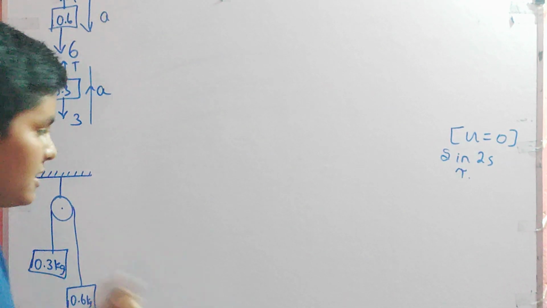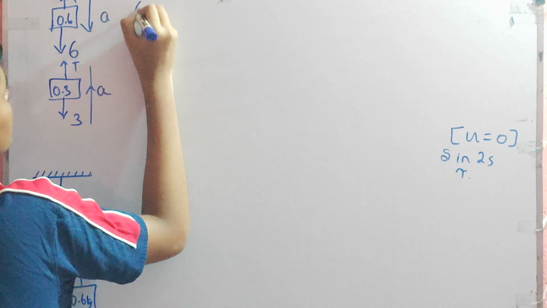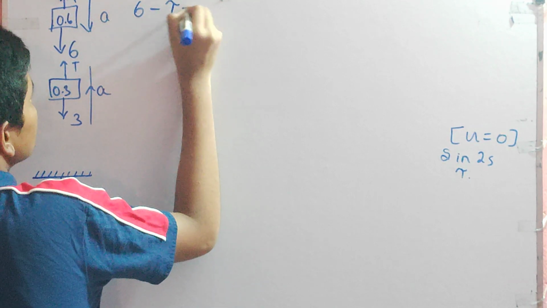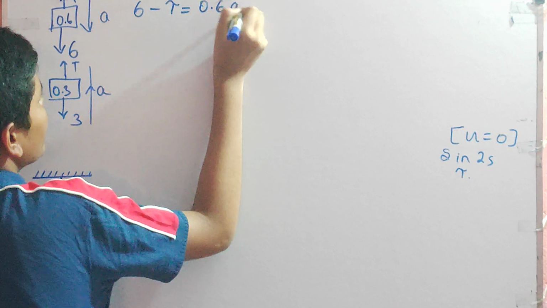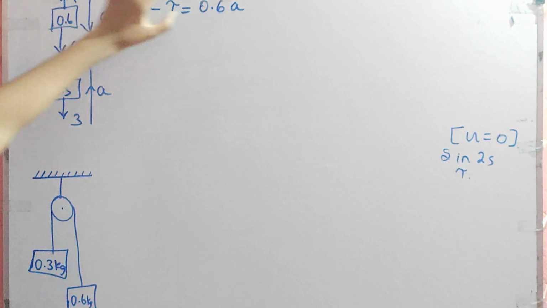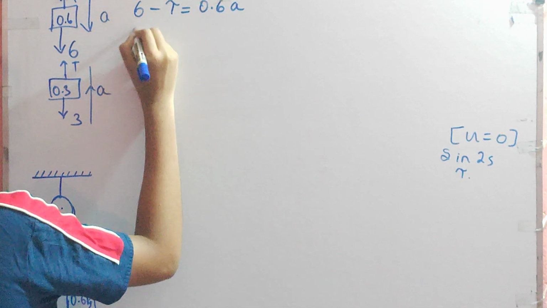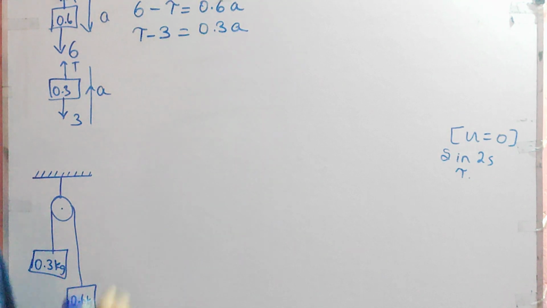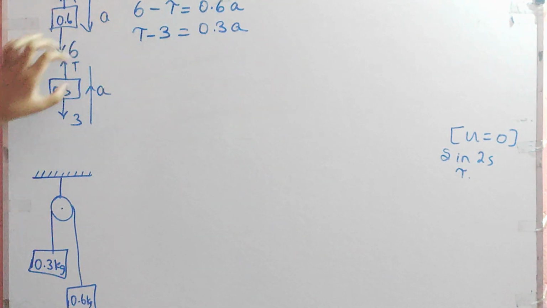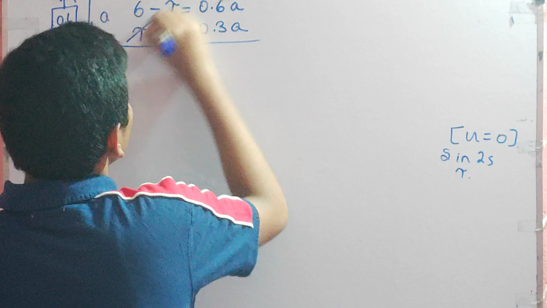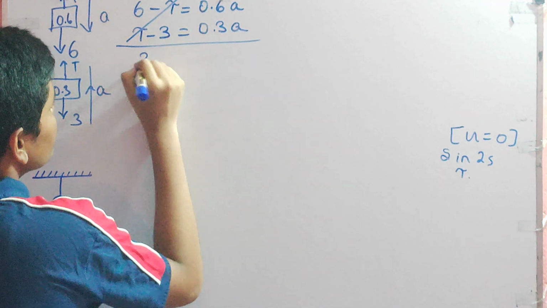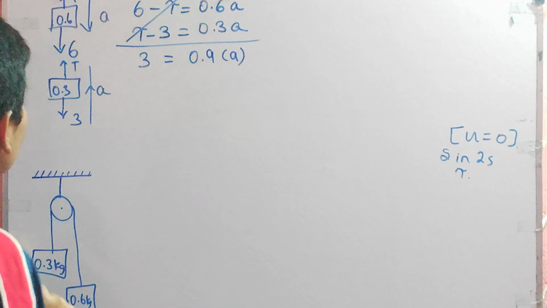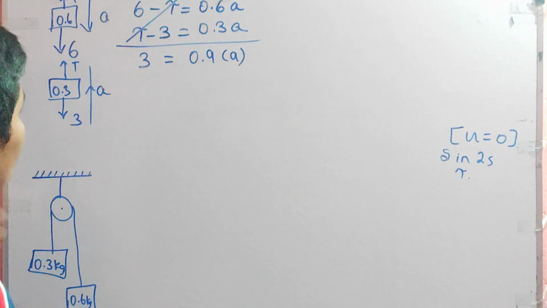First you have to find the acceleration. So 6 minus T is equal to 0.6 into a. For this one, T minus 3 is equal to 0.3 into a, as it is going upward. Now we add both equations. 6 minus 3 is 3, so 3 is equal to 0.9 into a, that is 0.6 into a plus 0.3 into a.